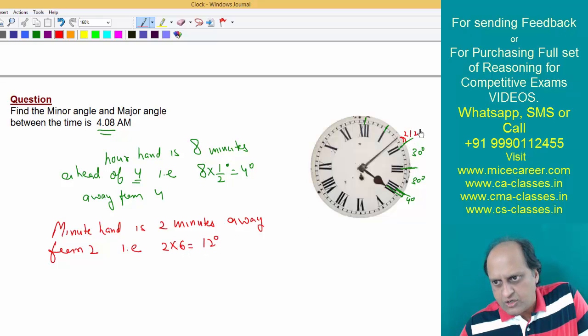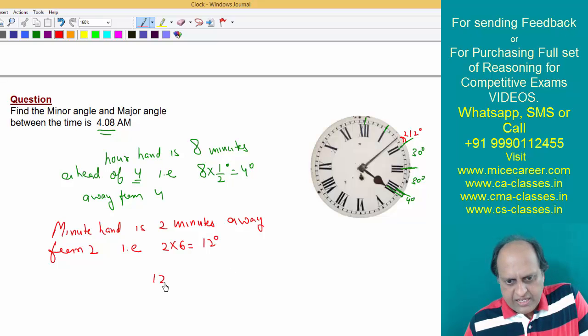So this is 12 degrees. So the total is 12 plus 30 into 2 plus 4, that makes it 60, 72, 76 degrees.